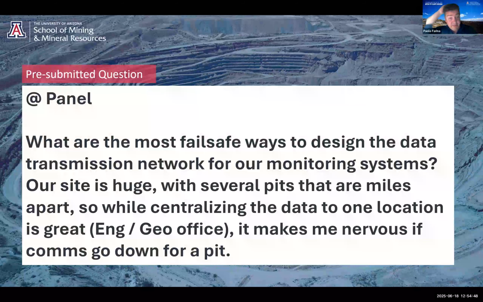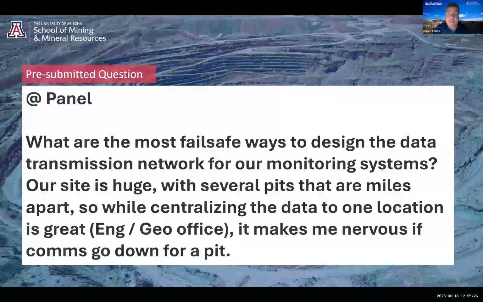I can try to address this. There are different ways to get the data centralized, and of course, there are different ways for the telemetry to work. So, if the question is what kind of network we should use, I think we can approach the system with either a star topology or a mesh topology network, because this may somehow prevent losing some of the data if there is a lack of connection between the central area and the data logger.